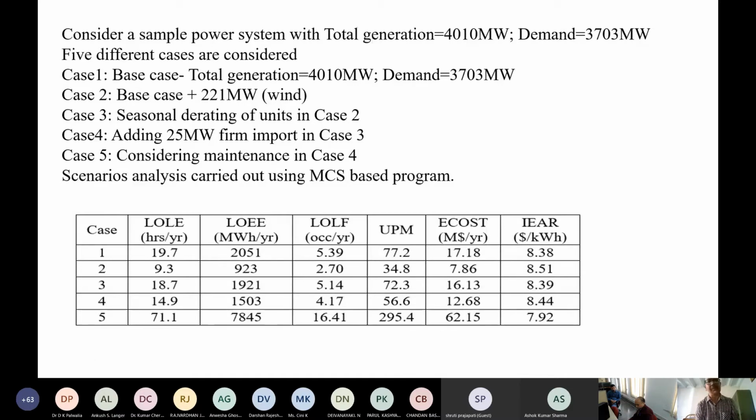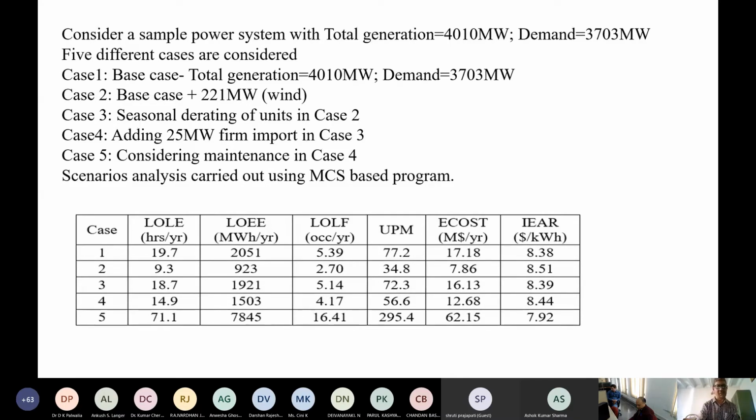So obviously the units have to undergo maintenance, and the units will be derated also because of various reasons. Derating is a phenomenon by which a generating plant is not able to generate to its full capacity. So if a 100 megawatt unit is derated, then it can generate maybe 90 megawatt or 80 megawatt or 70 megawatt or anything that is less than its rated value because of various reasons.